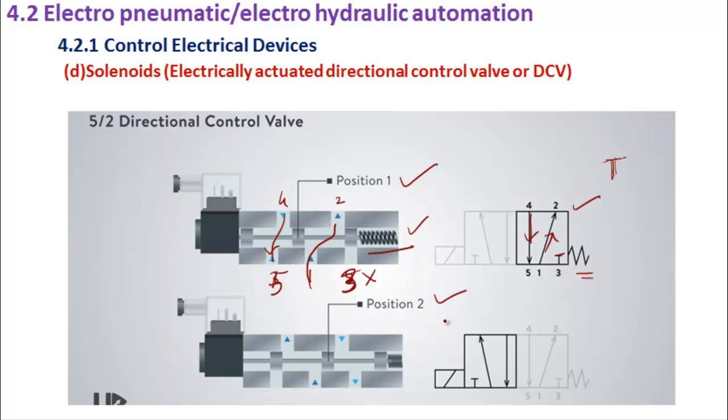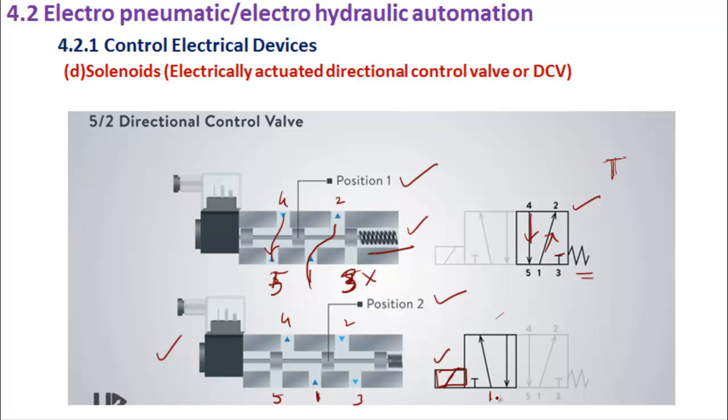Whereas in the second position, when the solenoid is working, this is the shape of the solenoid that we see here. In this position, this is 1, this is 2, this is 3, this is 4, this is 5.